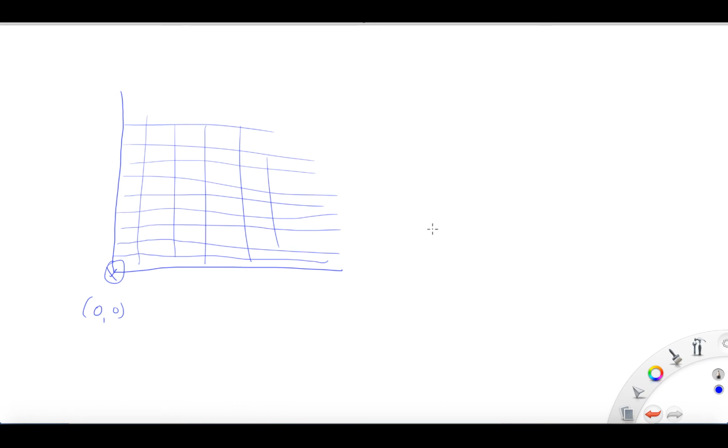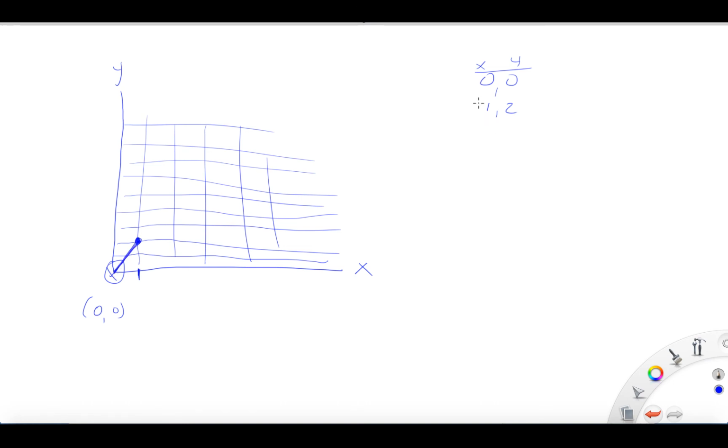In your input-output box, the first one is 0, 0. The second one is 1 and 2. Watch this. This is the x, this is the y. So if we went x over 1, here's 1, and we went up 2 on the y, boom. There's our first one drawn.